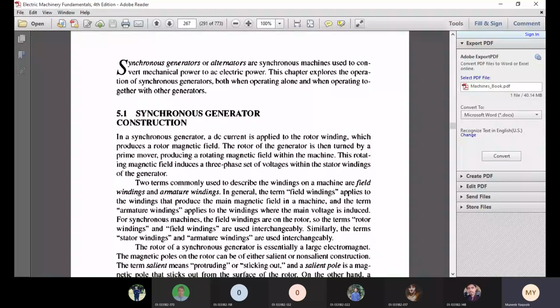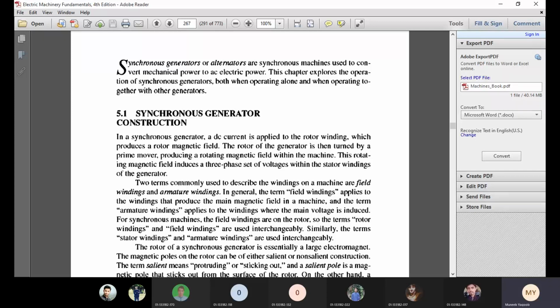This dominance awards the word field winding to the rotor's winding. So in AC machines, field windings are the windings located at the rotor of the machine. Since the main voltage is induced on the stator winding, we say that the stator winding is the armature winding. The part which contains the stator armature winding is known as the armature. So in AC machines, we say that the stator is the armature.